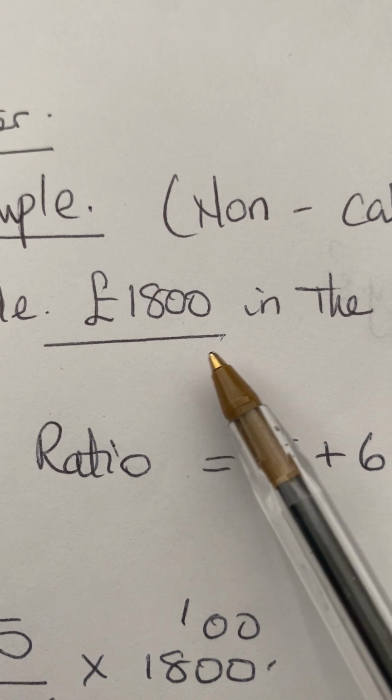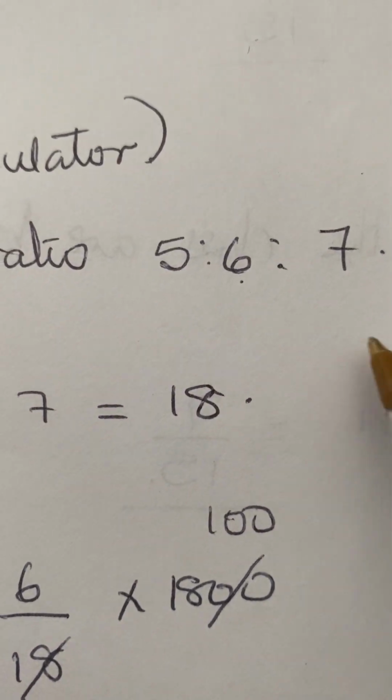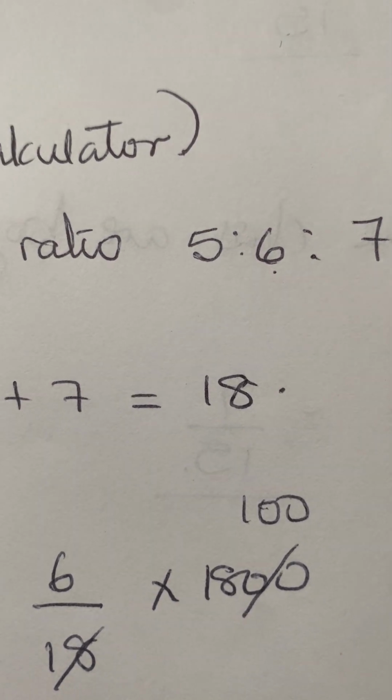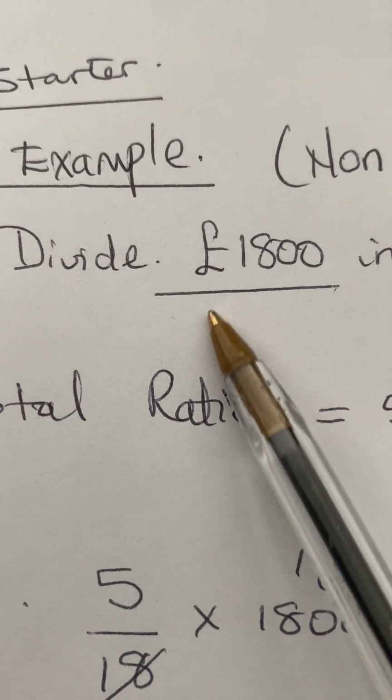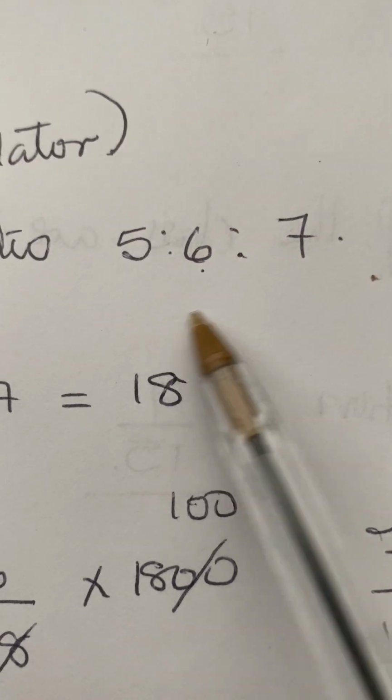Divide 1,800 in a ratio of 5:6:7. Okay, so you have 1,800 pounds, and this is the ratio.